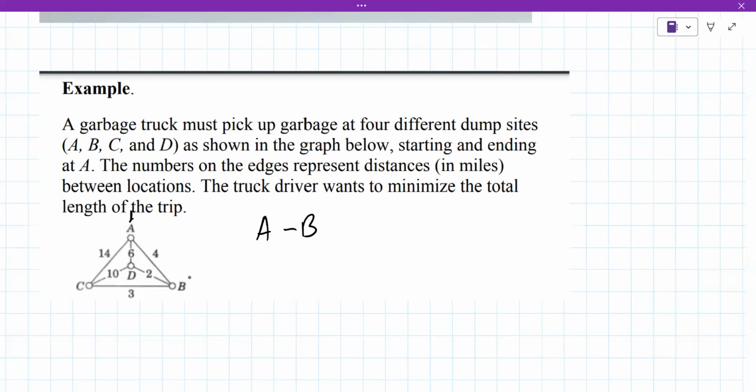And then from B, you have to choose which way you're going to go. Am I going to go to D or C? And it looks like you'll go D. So now you're here at D, and then you're choosing to go to C, because you've already been to A and you don't want to go back there. C, and then you go back to A because you can get back there.